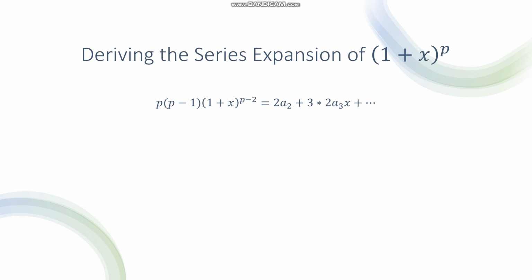If we do this a second time, taking the derivative of both the left and right, we have p times (p - 1) times the quantity (1 + x)^(p-2).